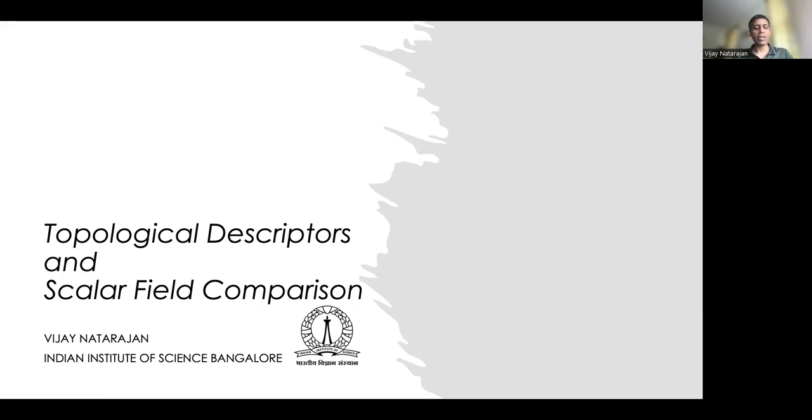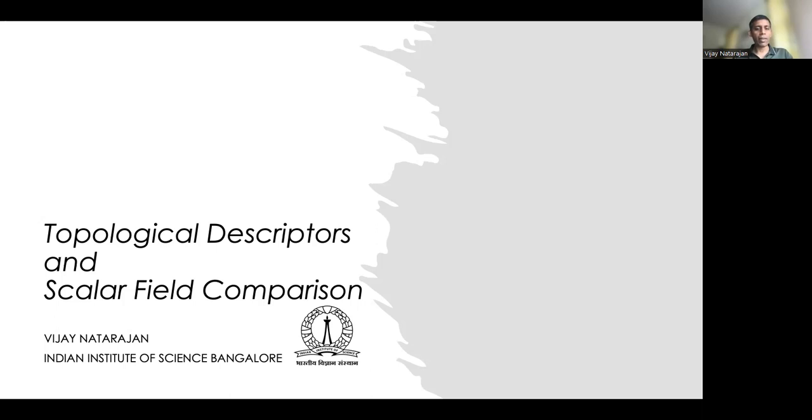The specific results that I'm going to talk about are centered around topological descriptors and how they help us understand data via a comparison-driven visualization. And that's what we're going to see today.